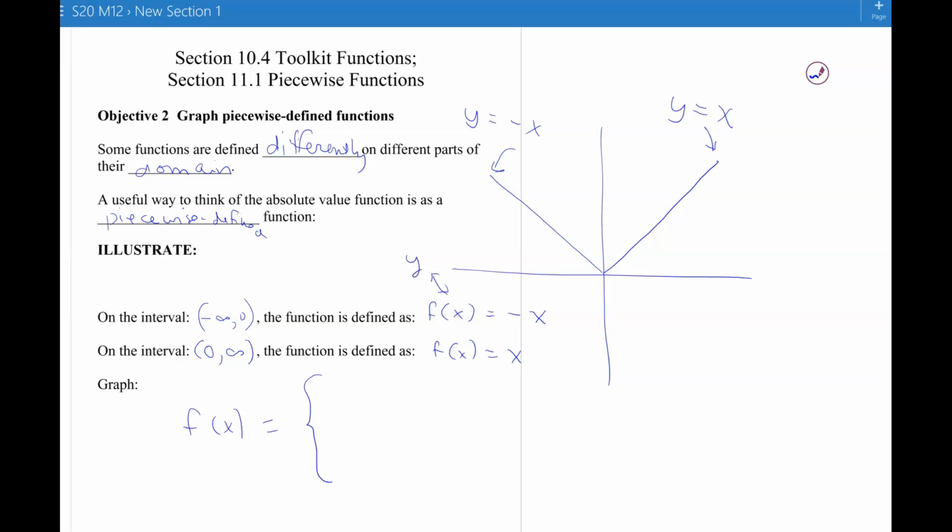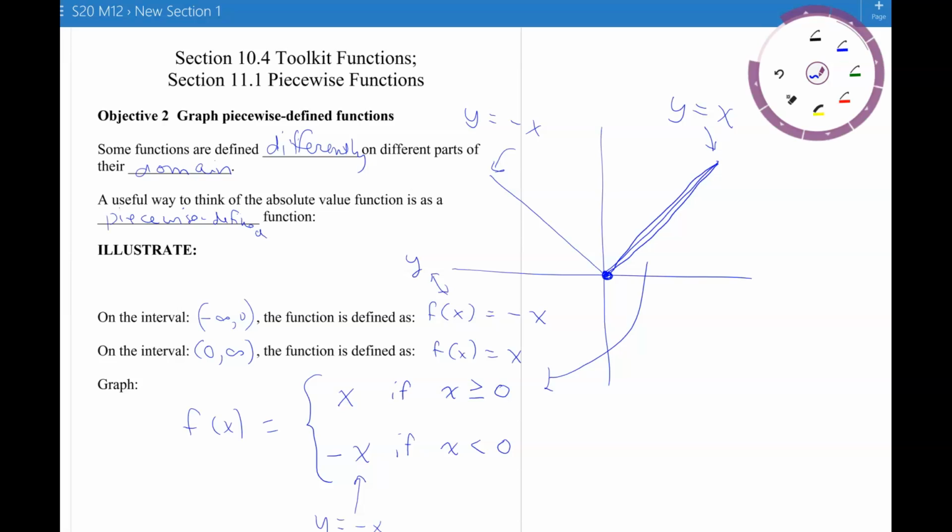We say f of x equals x if x is greater than, and 0 needs to be included in one of these, greater than or equal to 0. That says this dot is hooked to this piece of the line, and that's this definition of the function. And then it's the opposite of x if x is less than 0. So this is representing y equals negative x, and this is representing y equals x.